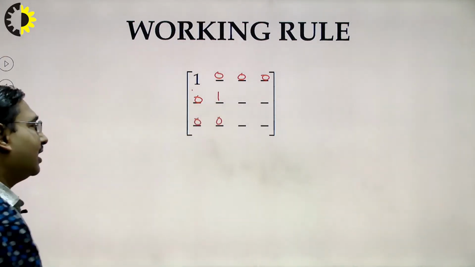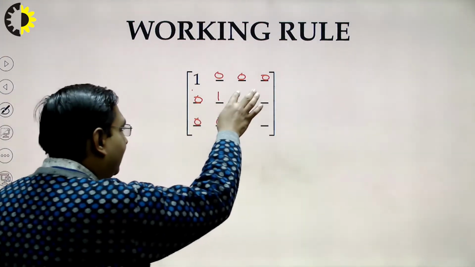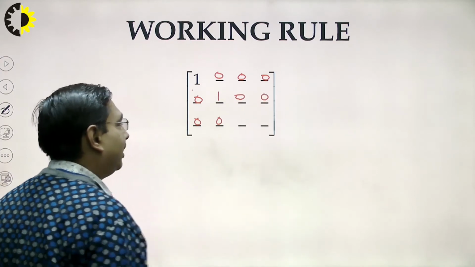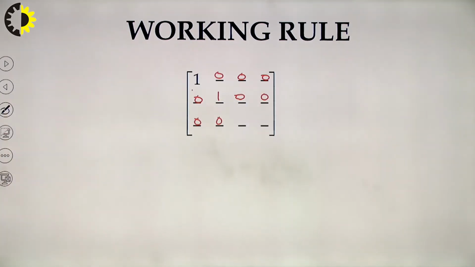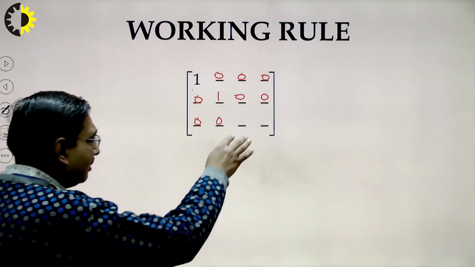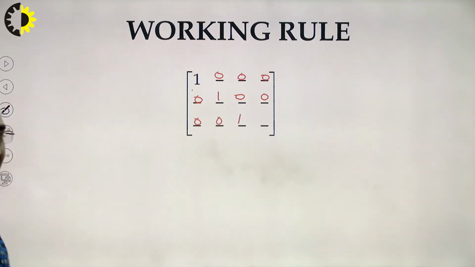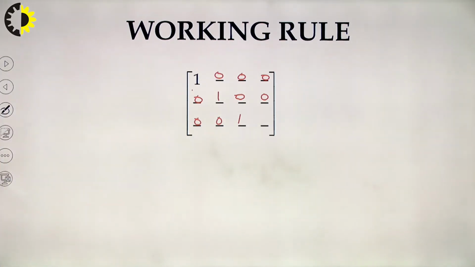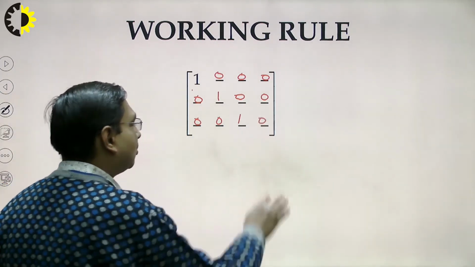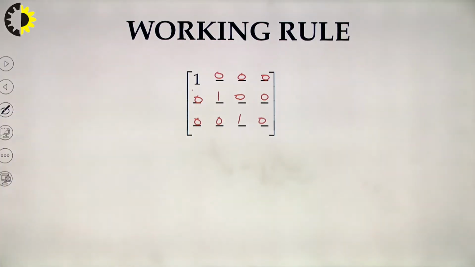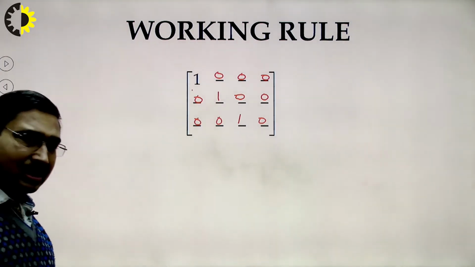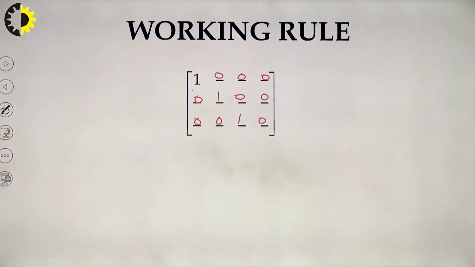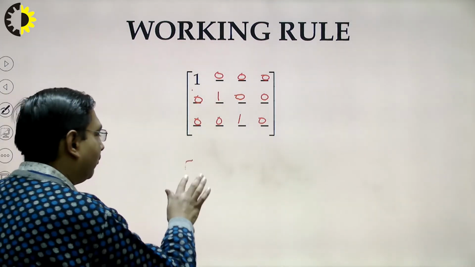Now, with the help of this one, remaining elements on the right of that element will be converted to 0. Then this element will be converted to 1, elements below that one will be converted to 0, then elements on the right of that one will be converted to 0, and the process will be continued. In this manner, the matrix will be converted into normal form.